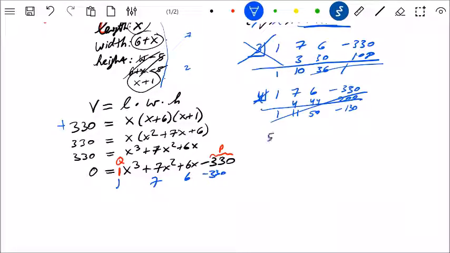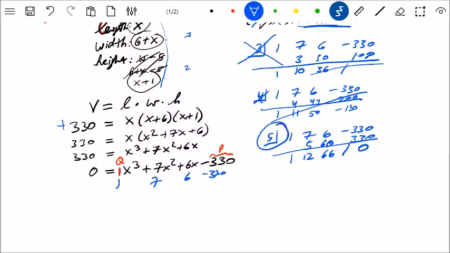So it can't be 4. Let's do 5. Maybe 5 will get us closer, and maybe 6 will get us equal to it. 1, 7, 6, negative 330. 1, 5, 12, 60, 66. Oh, 5 times 66 is 330. We get a 0 here. That means 5 is a good number.